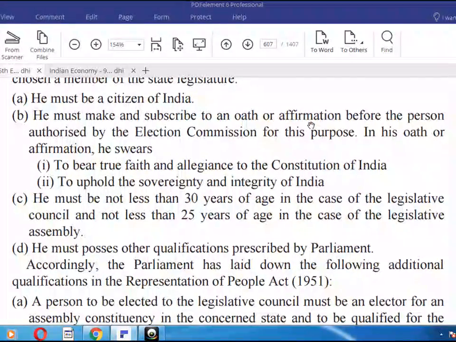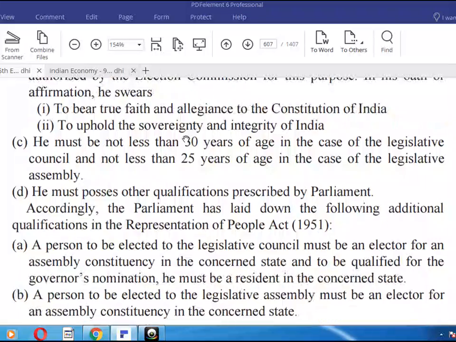In his oath or affirmation, he swears to bear true faith and allegiance to the Constitution of India and to uphold the sovereignty and integrity of India. He must be not less than 30 years of age in the case of the Legislative Council, and not less than 25 years of age in the case of the Legislative Assembly. He must possess other qualifications prescribed by Parliament.